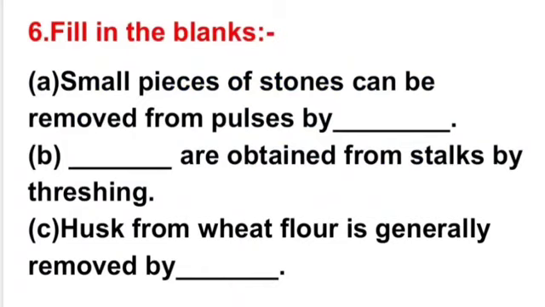Question number 6 is, fill in the blanks. A part is, small pieces of stones can be removed from pulses by dash. B part is, dash are obtained from stalks by threshing.